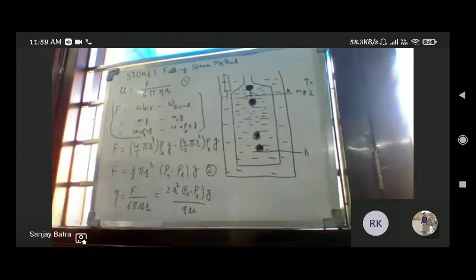Yes, sir. Nahi samajh mein aaya to poochna hai, kahin doubt hai to. Rahul Kumar. No sir, no doubt. Good. Ashna Priyadarshani, are you here? And Sunny, are you able to get this?